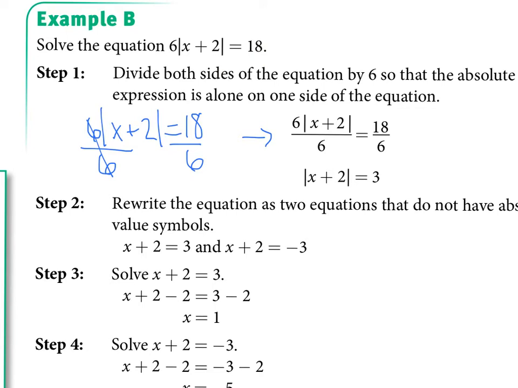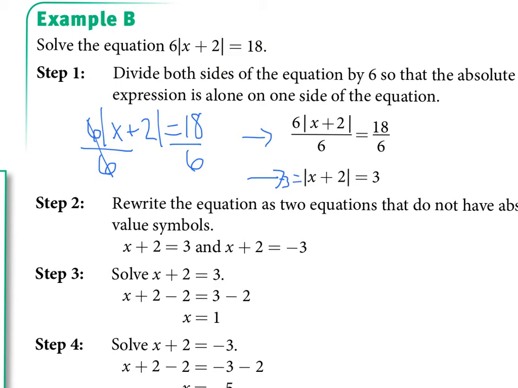Once you do that, you get x plus 2 equaling 3. Now the absolute value is by itself. Now you can do the -3 on the other side and solve. But not until the absolute value is by itself.